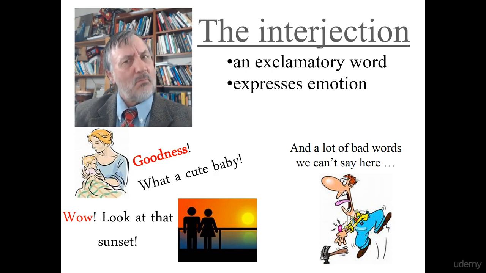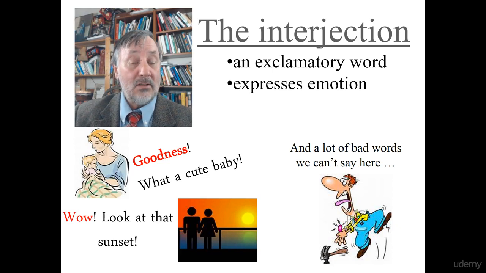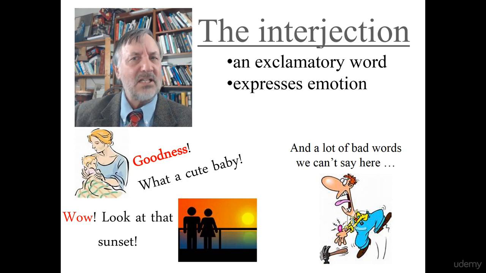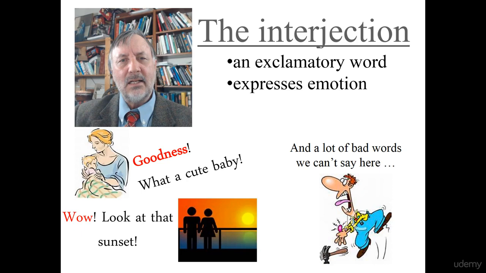Goodness, what a cute baby, as the drawing indicates. Or when you hit your thumb with a hammer, if you are so inclined to be wielding hammers and building things, you say a lot of bad words that are probably interjections. They're exclamation points. But that we can't repeat here. But anyway, that's what an interjection is.